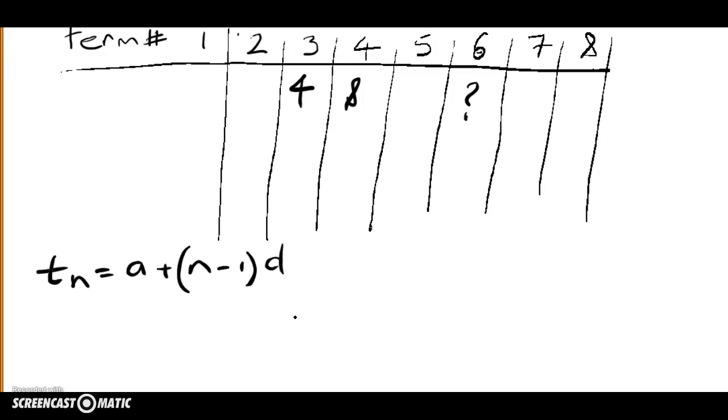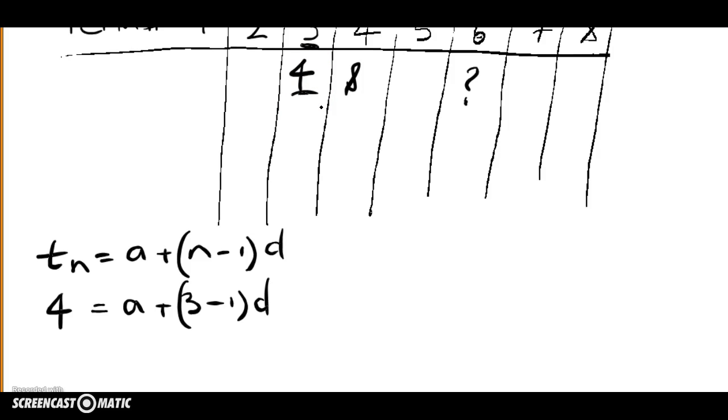I also know that when n is 3, this answer is 4. So I know a plus, when n is 3, the answer is 4. Okay, and term number 3 is 4. The other thing that I'd know is when n is 4, the answer is 8.